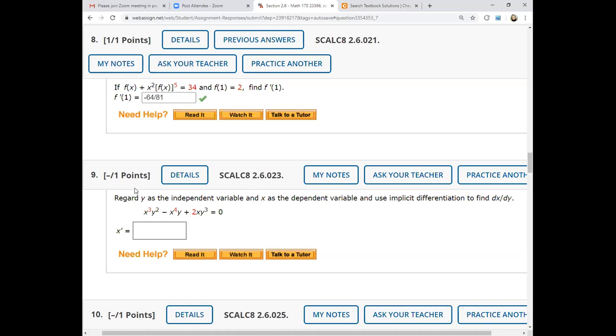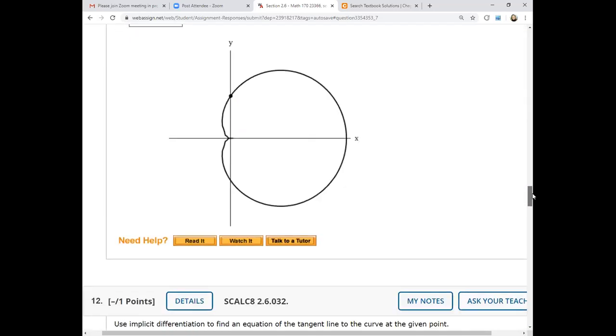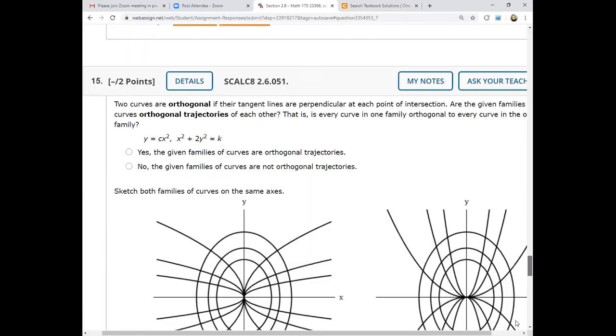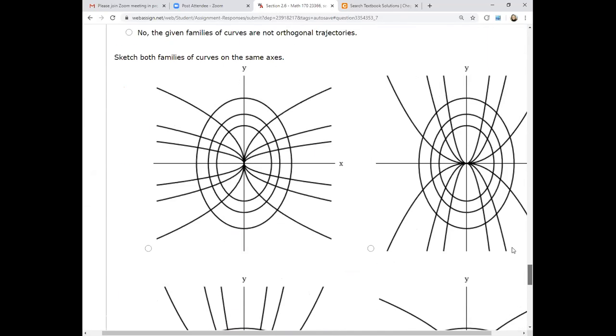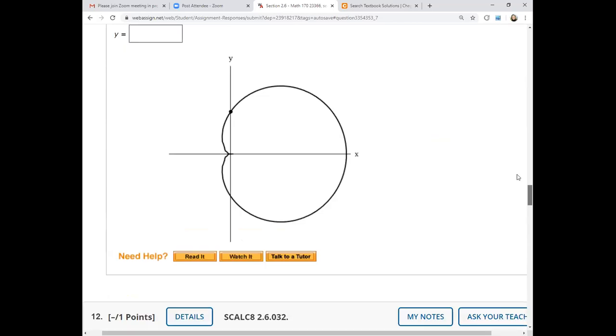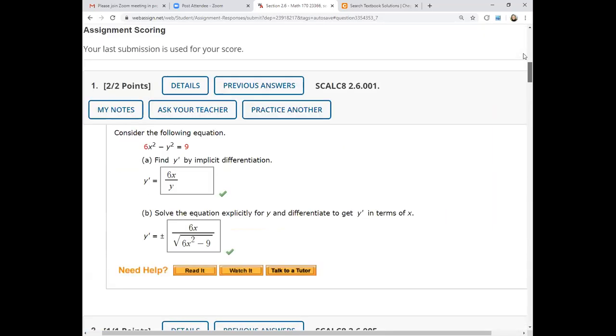But it looks like we're, what, halfway? Almost? No, this one's really long. It's a lot longer than the other one. I think this one said it had 20, oh wow. Oh no, it has only 16. So yeah, we're about halfway. Maybe it's the other one that's longer. I'm not sure.